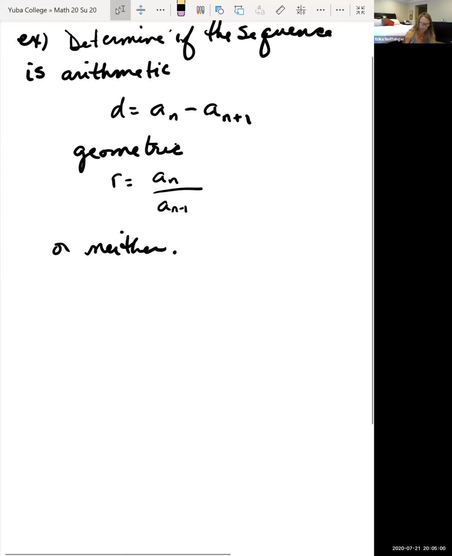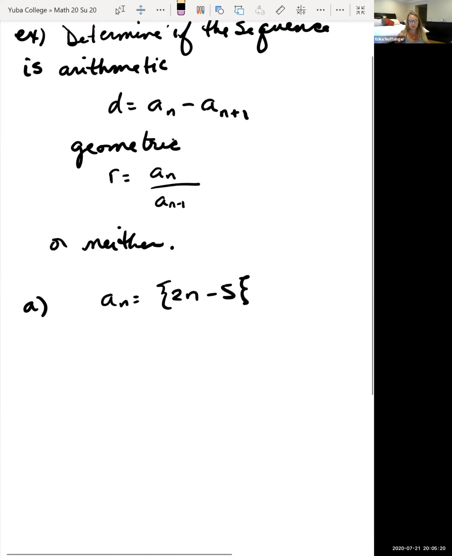So for example, let's say you're given that your sequence, a sub n, is equal to 2n minus 5. This is part A. We're determining if this is arithmetic, geometric, or either. We're going to need a sub n minus 1 for each case. We know what a sub n is.